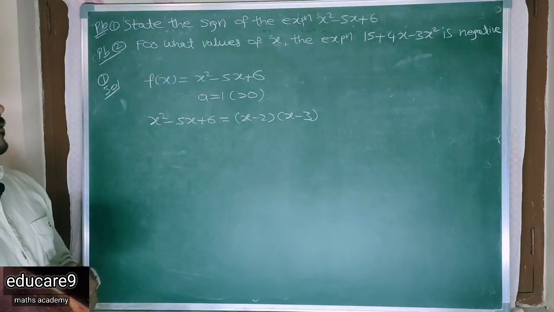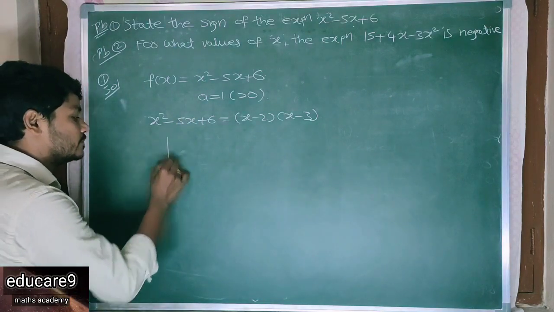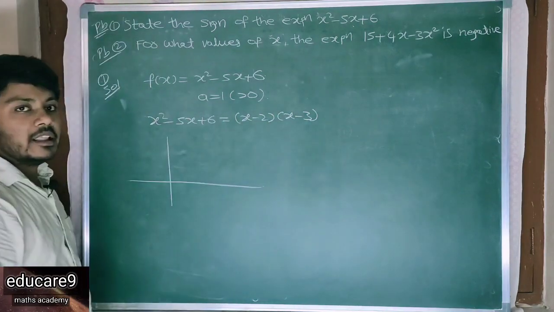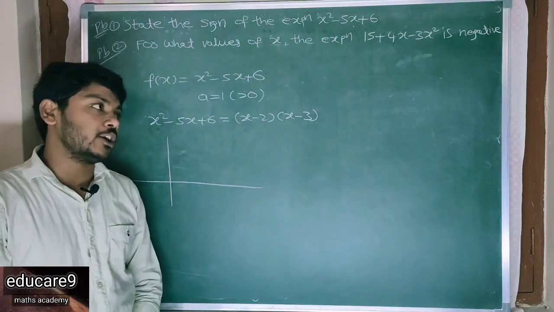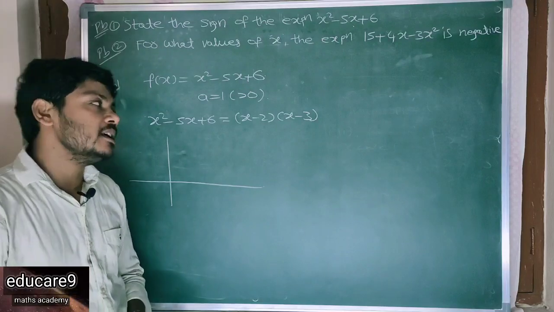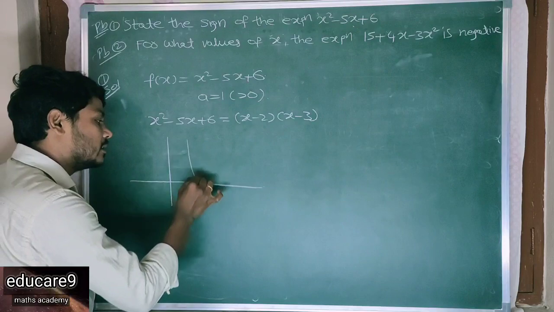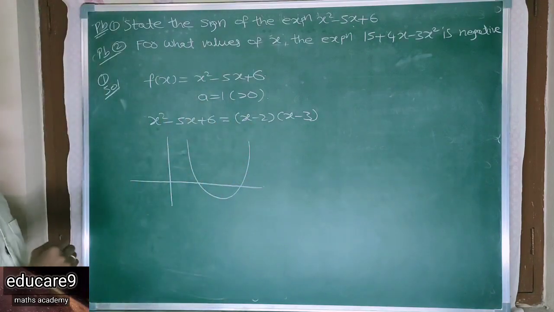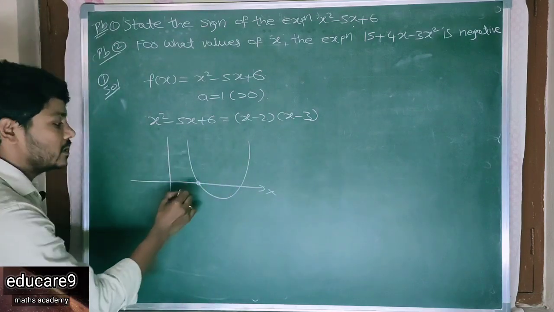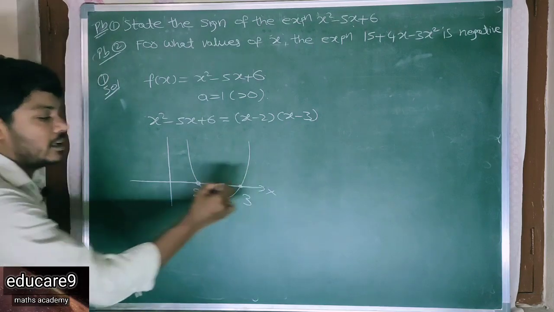So draw the graph of the given expression. See here, this expression has the two roots 2 and 3. Then clearly the graph touches the x axis at two distinct points and a is greater than 0. So in that case the graph represents an upward parabola. See here, this is our graph, and the intersections with the x axis are alpha, that is 2, and this is 3.